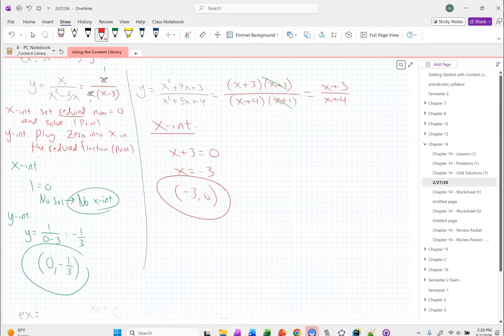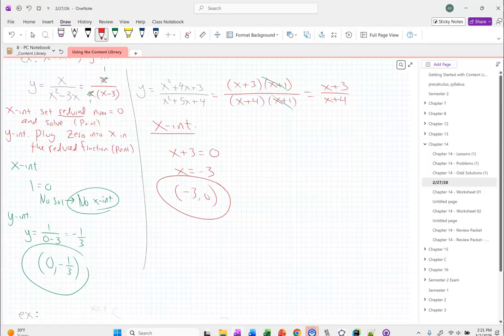When you say leading coefficient, do you mean degree? Yeah. So if I was asking to identify all the key features of this, then yes, we talk about horizontal and other asymptotes, and we would want to look at the degrees. Here I'm just doing an example where I'm just talking about x and y intercepts. Is that okay?